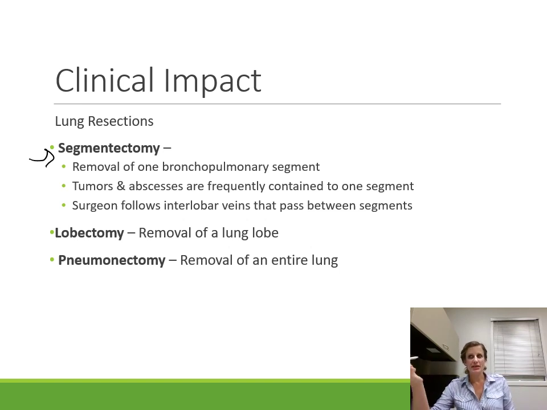Tumors and abscesses are frequently contained in just one segment. There is some pulmonary skeleton that surrounds the segment. So frequently we'll see that it's contained in one segment, and doing a segmentectomy will remove that abscess or that tumor. The surgeon follows the interlobar veins that pass between the segments as a guide.